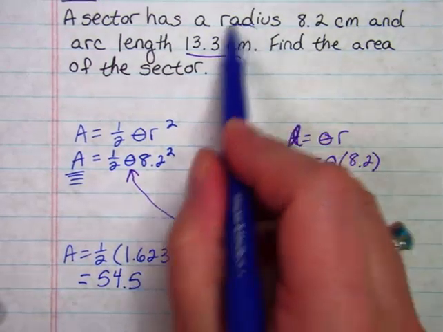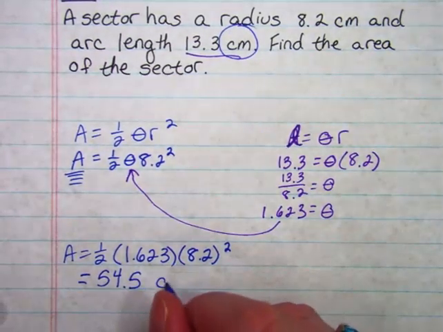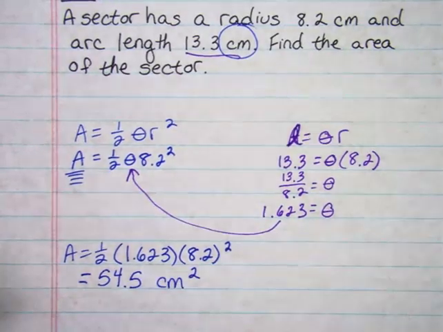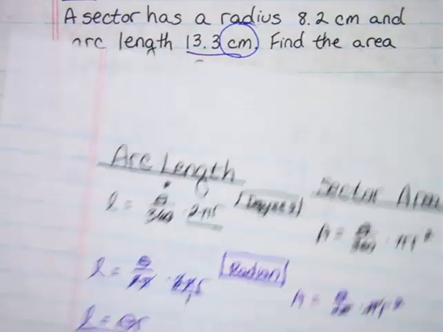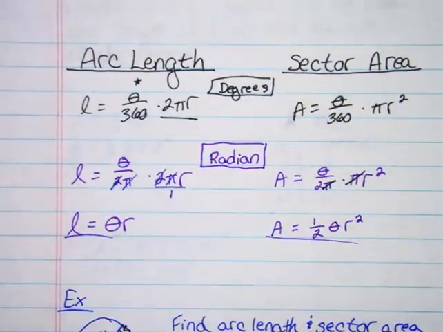My label was in centimeters, and it's squared because it's area. So in this case, again, I did not give you what your angle was. I had to find it. It doesn't matter whether you used your degree formula or your radian formula. But I'll tell you what, I'm going to pick my radian formula most of the time, because I don't want to have to deal with that theta over 360 piece.